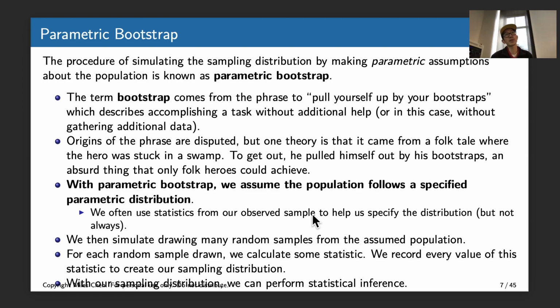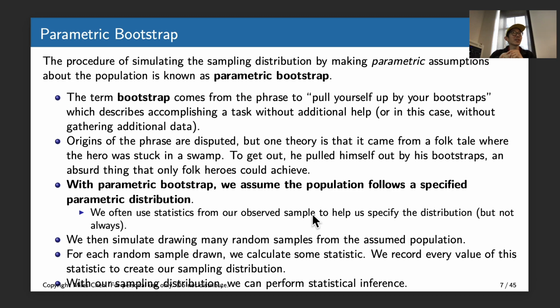So once you specify that distribution, your computer has all of these functions that can generate random numbers from those distributions, right? You have rnorm for the normal distribution, rbinom for the binomial, rexp for random exponential, and so on and so forth.